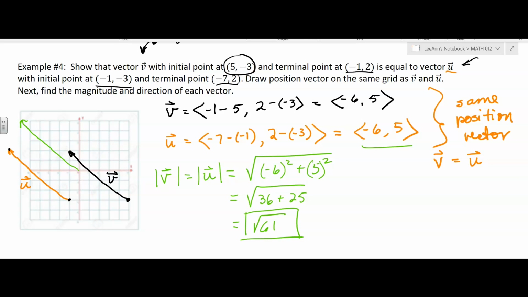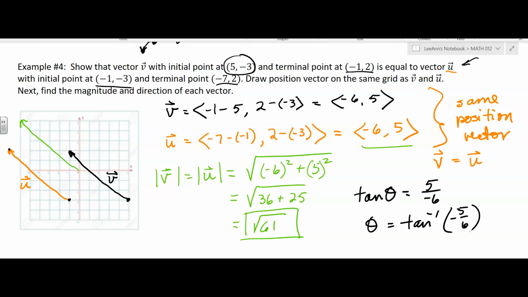Now, to find the direction, you're going to say tangent theta is equal to 5 over negative 6. So you can put in your calculator inverse tangent of negative 5 over 6. Let me grab my calculator. Inverse tangent, negative 5 divided by 6.